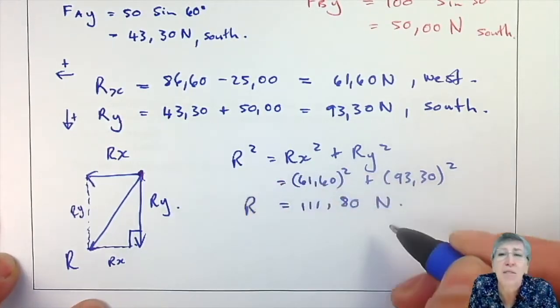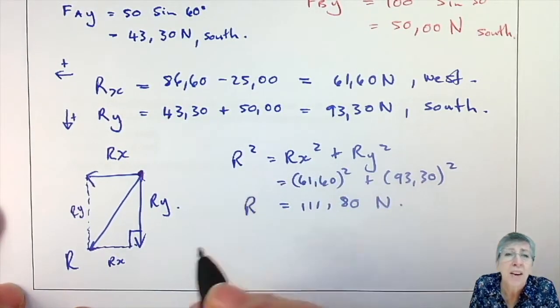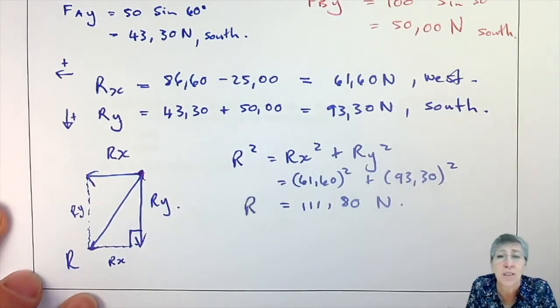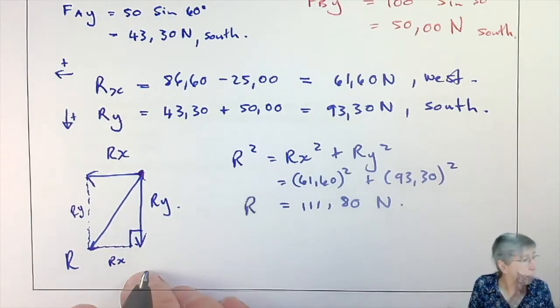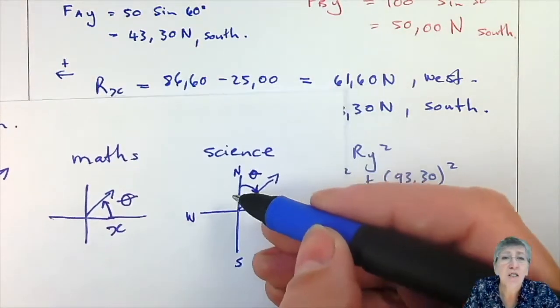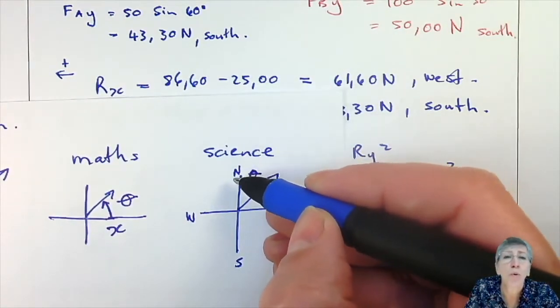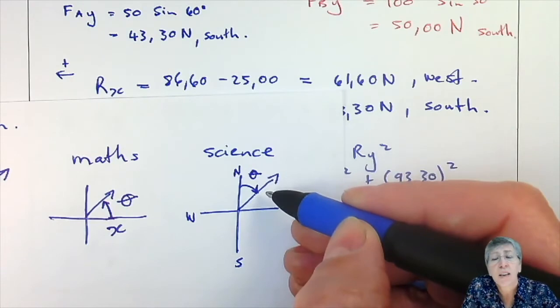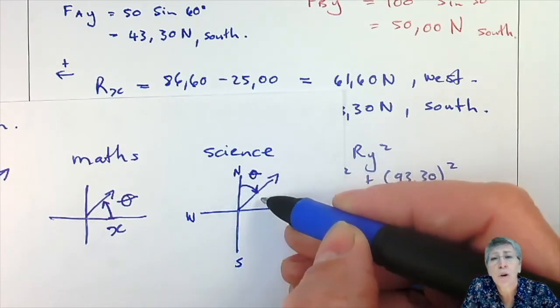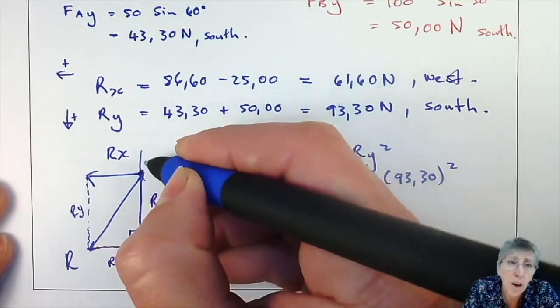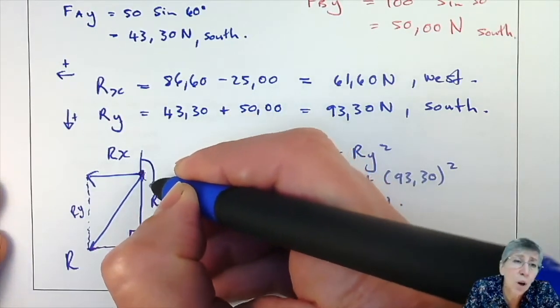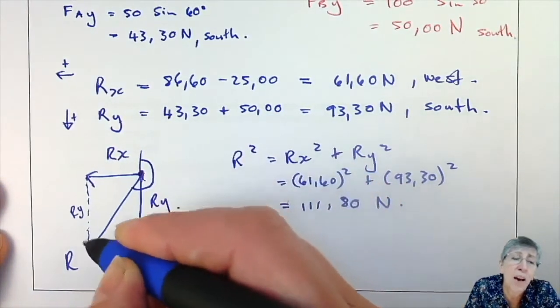Right, so there I have the magnitude. Now I still need the direction. Now, if you think back, what do we do in science? Now, remember, in science, we're going to work from north clockwise. Right, so we started out with north over there, and we work clockwise up to our vector.